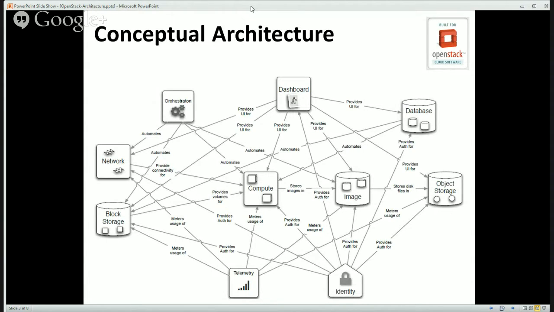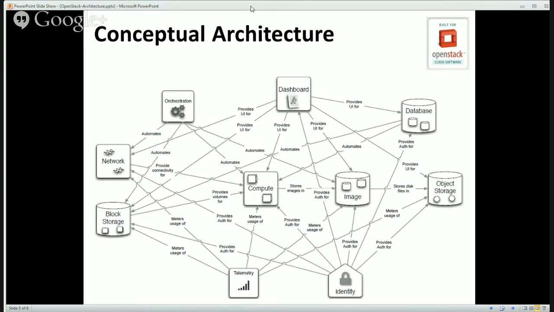If you look into this slide in a little more detail, you would see how these projects are talking to each other, and what each project is doing and providing. If you look at the interaction between the image project and the compute, so between Nova and Glance, it says stores images.